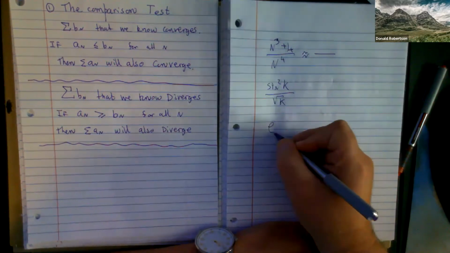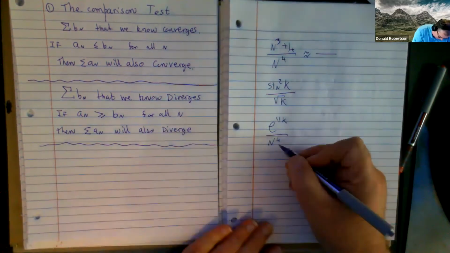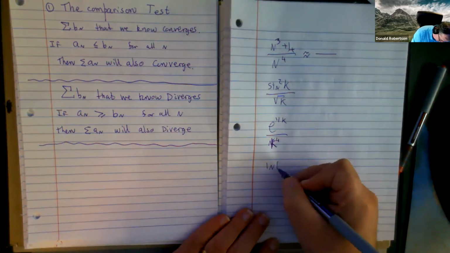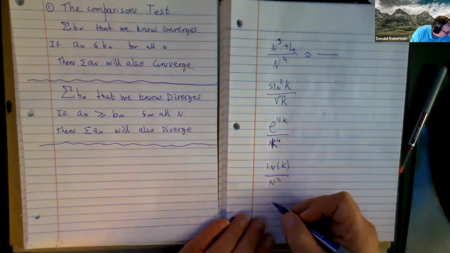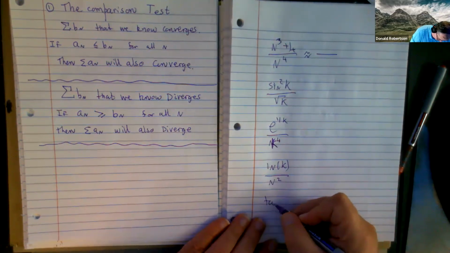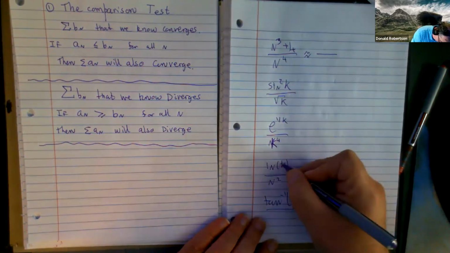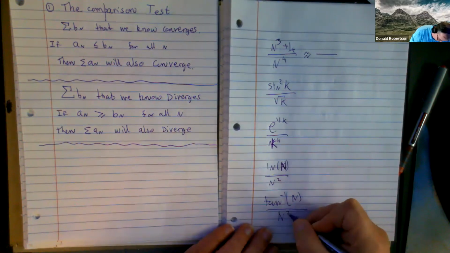I want to simplify e to the 1 over k over k to the 4. I'd like to simplify log k over n squared. I'd like to simplify inverse tan of n over n cubed. I keep on putting k's and n's, so let's make them the same way.